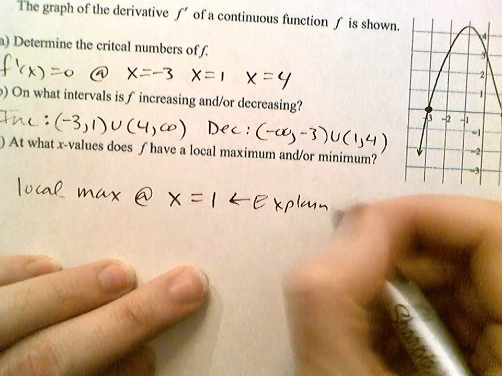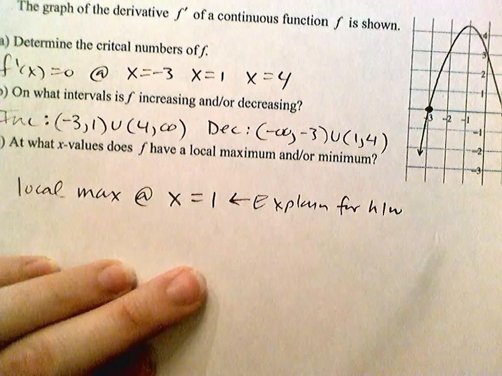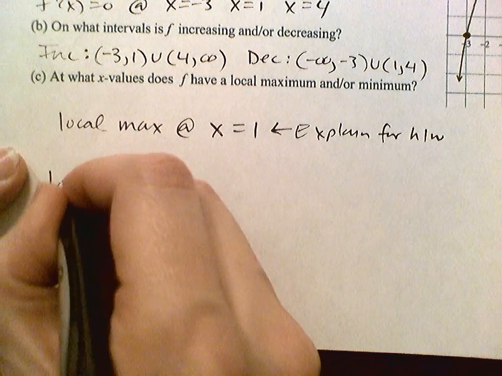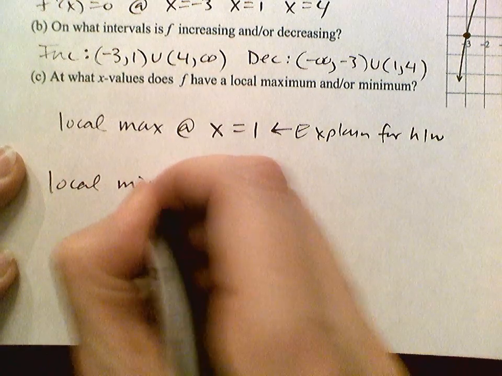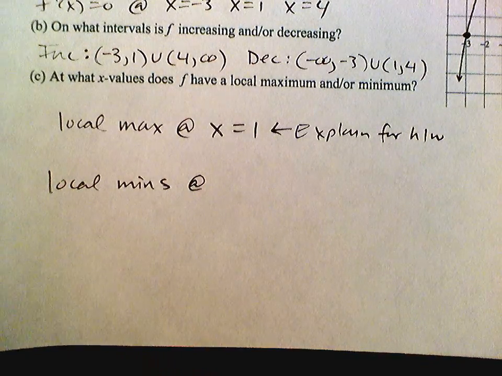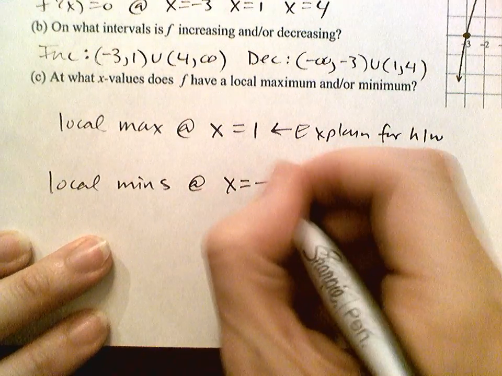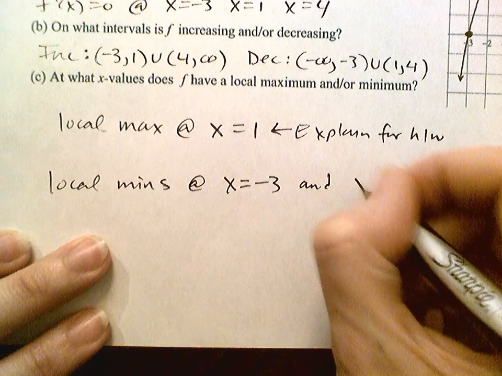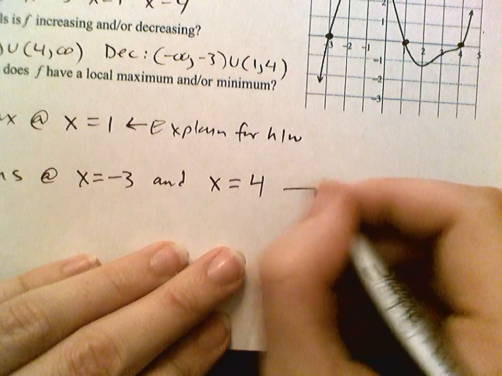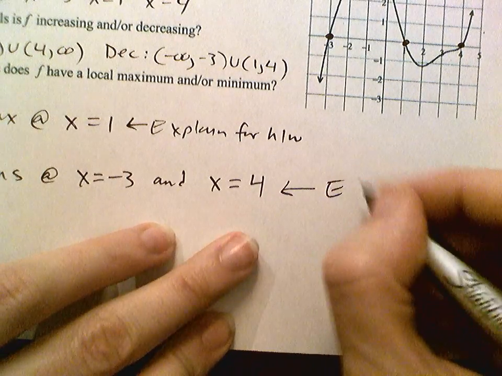And then the other part of the homework will be to explain this. Local mins at x equals -3 and x equals 4. And please put a lot of effort into trying to do this, guys, because I'd like you to share tomorrow.